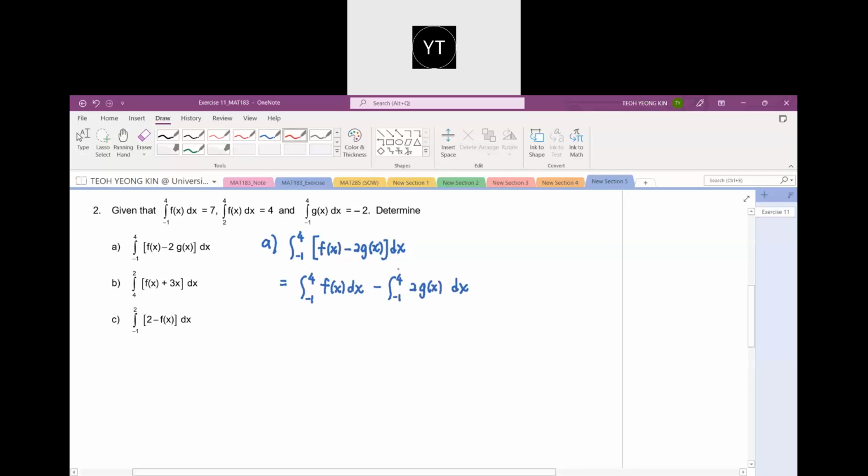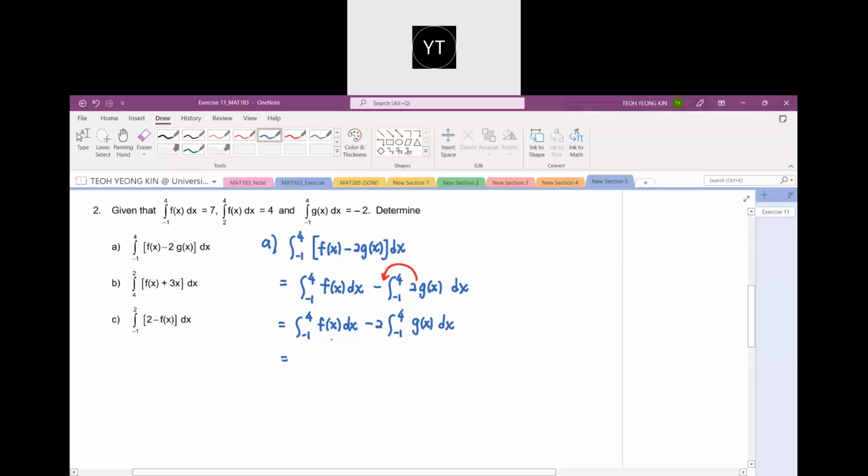Next step, since 2 is a constant, we can factorize it to the front. So here we have the integration from -1 to 4 of f(x) with respect to x, minus 2 times the integration from -1 to 4 of g(x) dx.